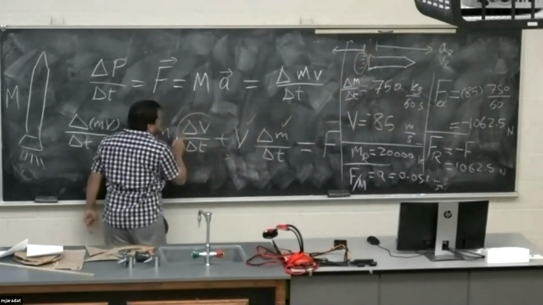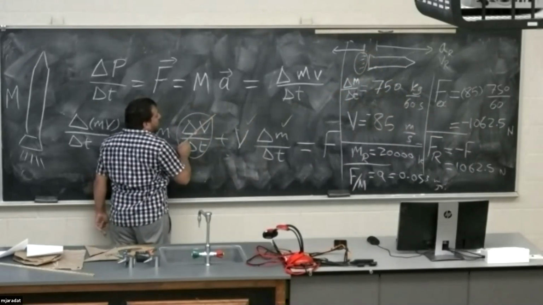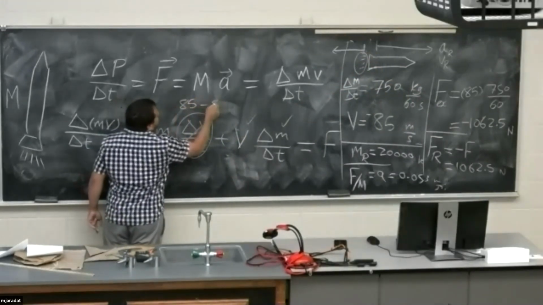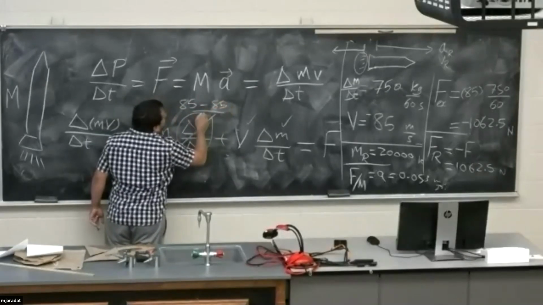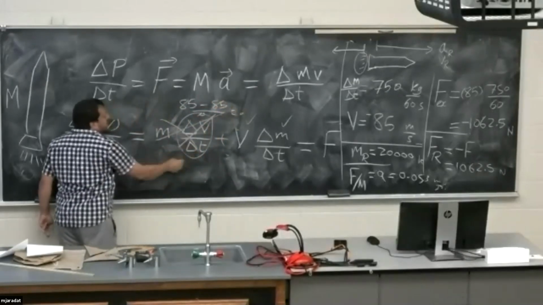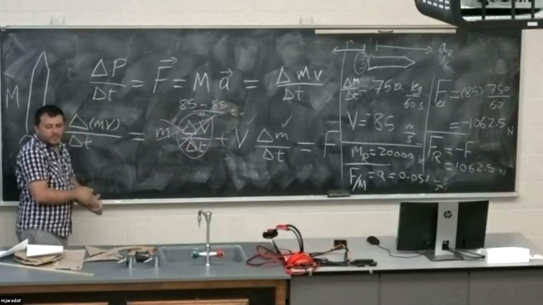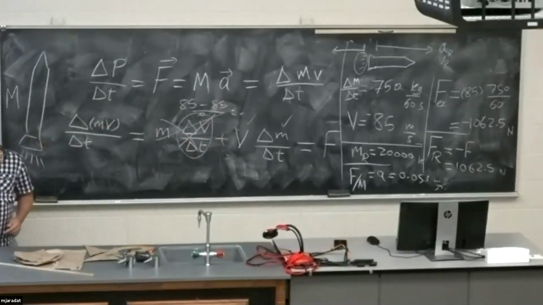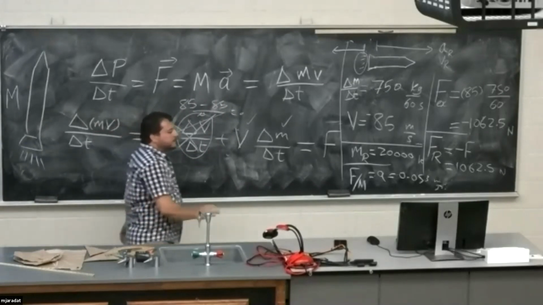So any change in this velocity is zero, because the velocity 85 minus 85 over delta T equal to 0. So this term is 0. This is all for this material.